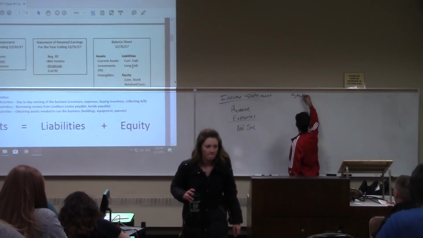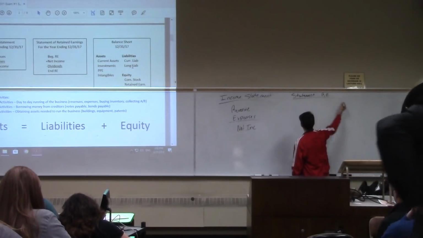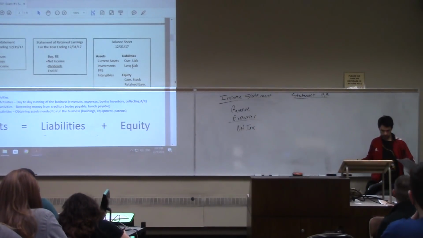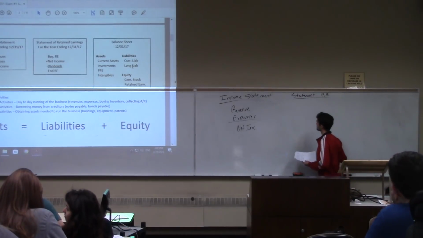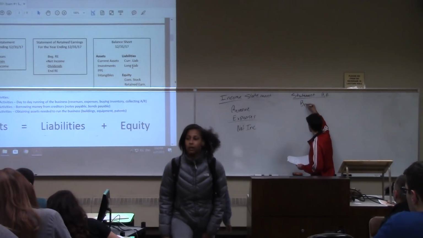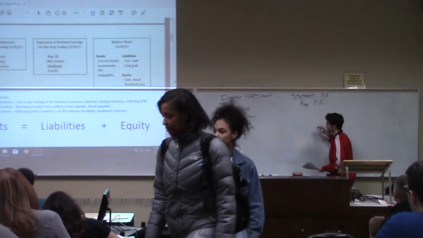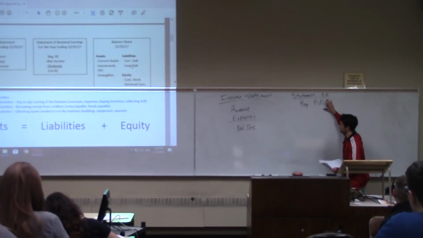The second one is our statement of retained earnings. With that, we're trying to figure out how much earnings the firm retains this year. So we begin with our beginning retained earnings, which is all the earnings accumulated over the previous years.